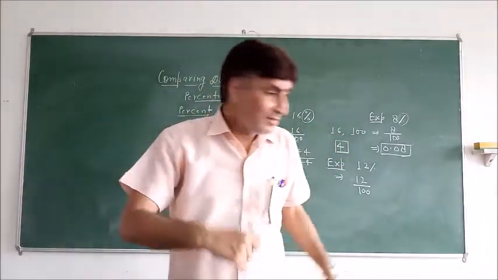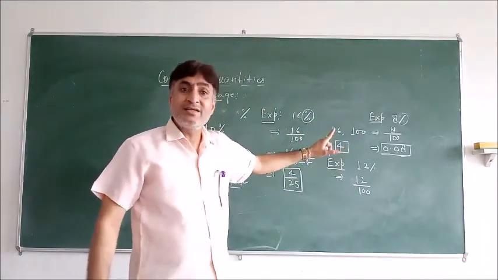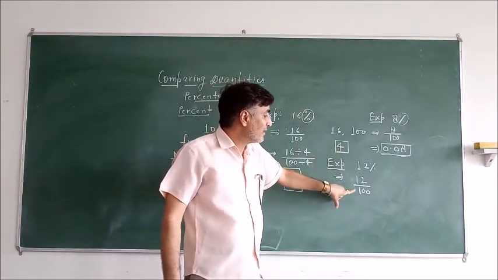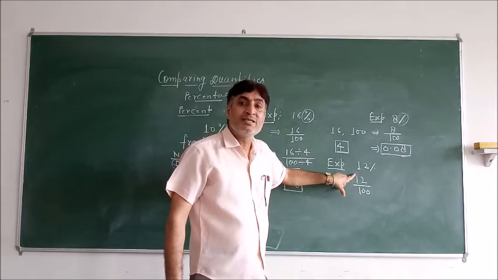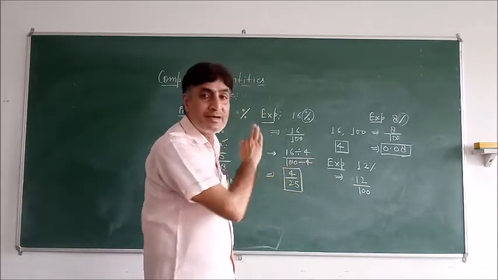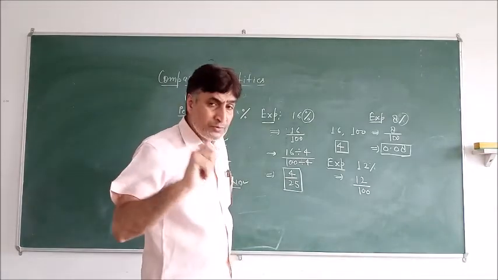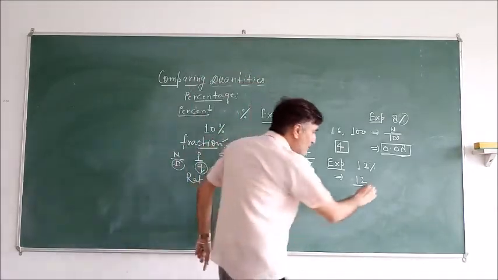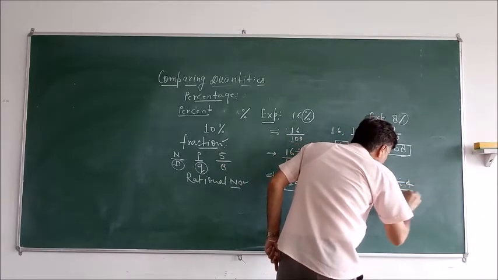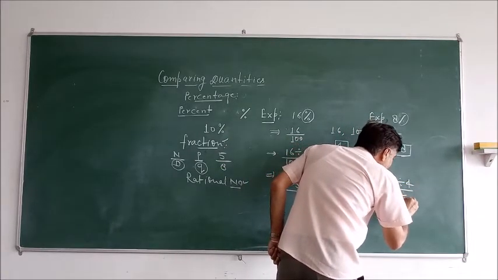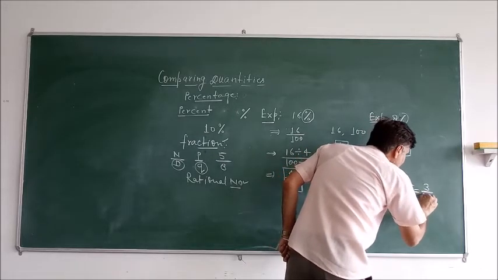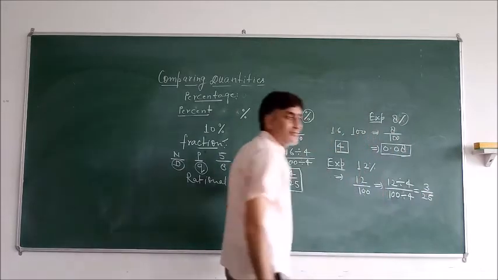Now we write this fraction in its simplest form after dividing numerator and denominator by the HCF of these numbers. Here the HCF of 12 and 100 becomes 4. So divide numerator and denominator by 4. We get the simplest form of this fraction, which becomes 3 upon 25.